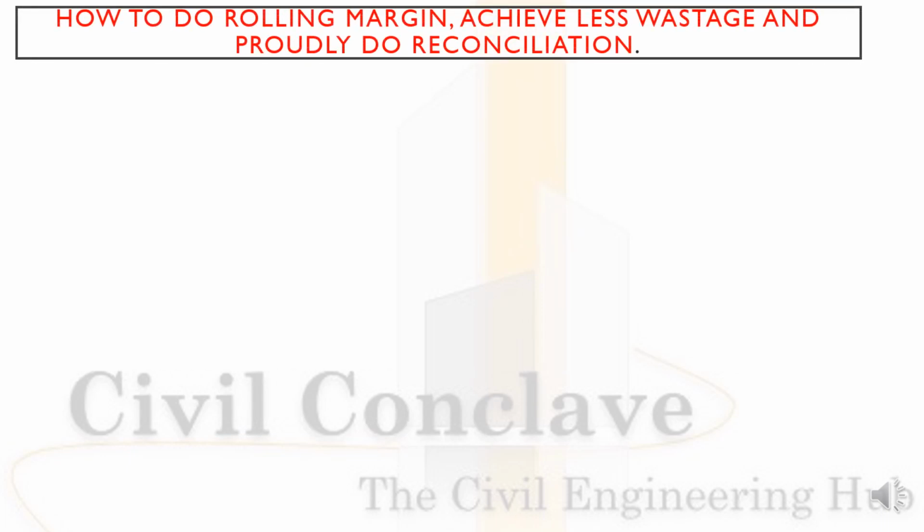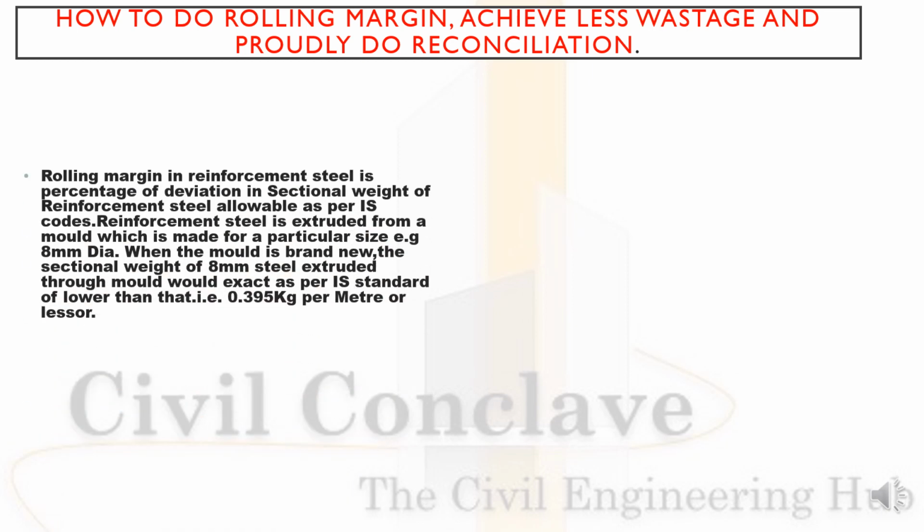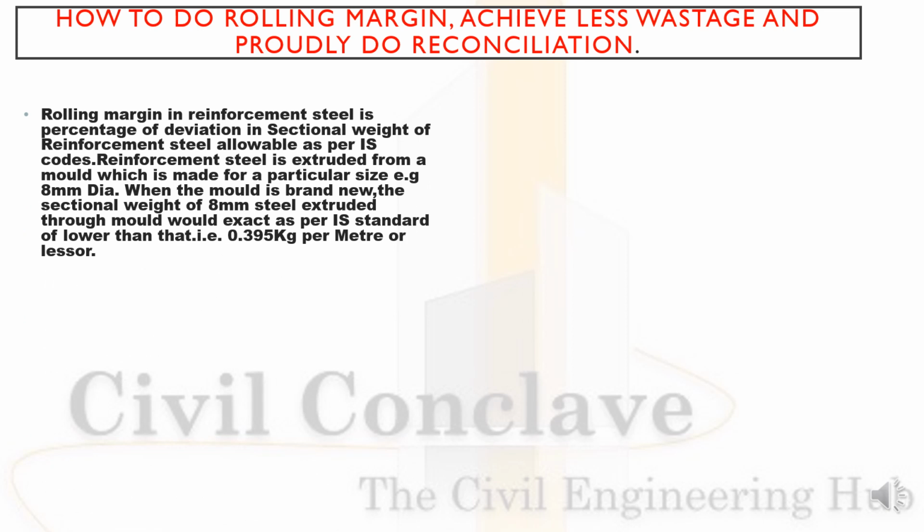How to do rolling margin, achieve less wastages and proudly do reconciliations. Rolling margin in reinforcement steel is the percentage of deviation in sectional weight of reinforcement steel allowable as per IS codes.